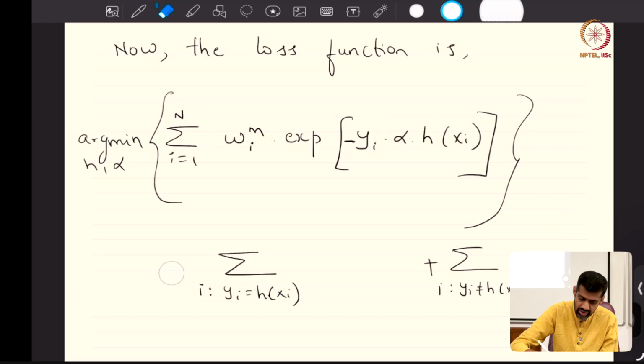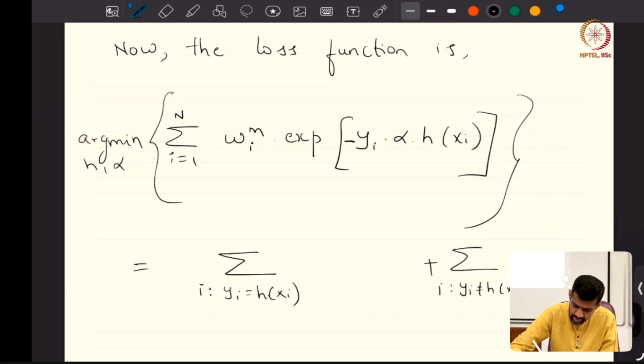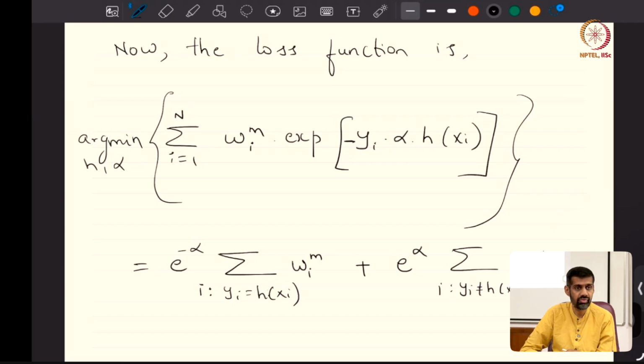And whenever there is a correct classification, what would this term be? This term would be wi m, because the product of yi and h of xi will be 1. So, there will be an e power minus alpha term, and whenever there is a misclassification, this term would be e power alpha times wi m, correct?